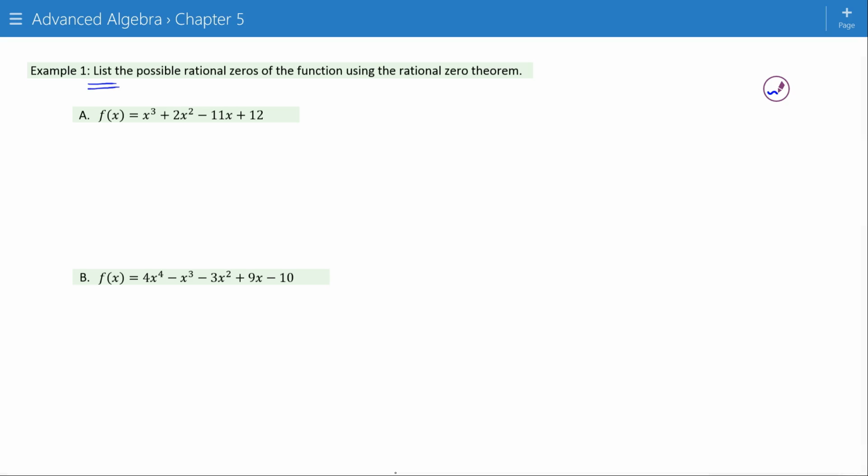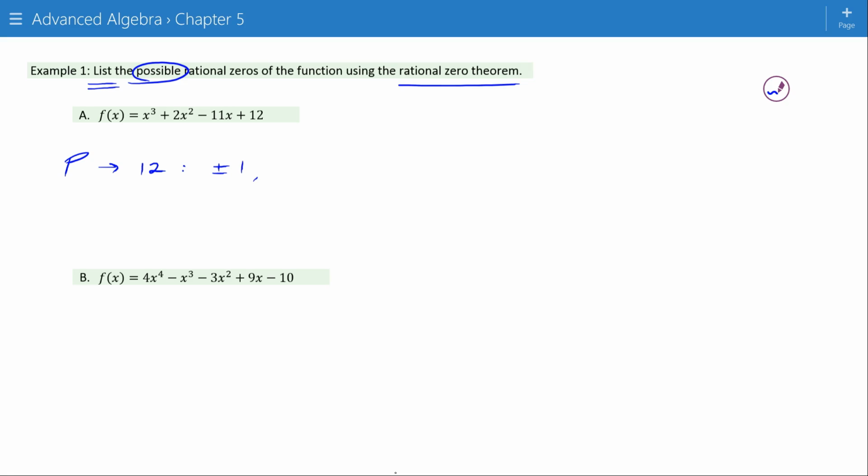So here's an example. We want to list the possible rational zeros of the function using that theorem. Now in this one, we're not given any x equals this, or here's a factor. We're not given any of that stuff, so that's when this comes in handy. So we're going to go ahead and list off our P and our Q. If it just says list the possible zeros, that's all we got to do. We're going to look at our P value. Our constant is 12.